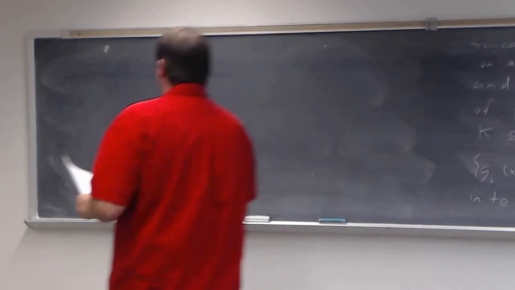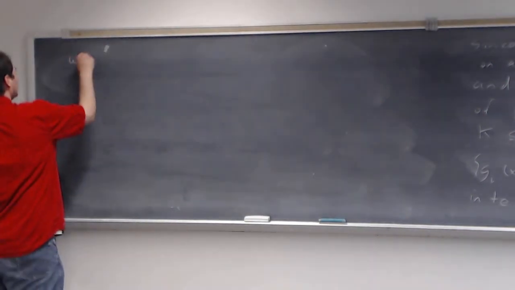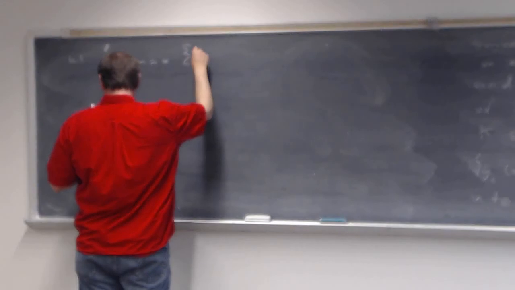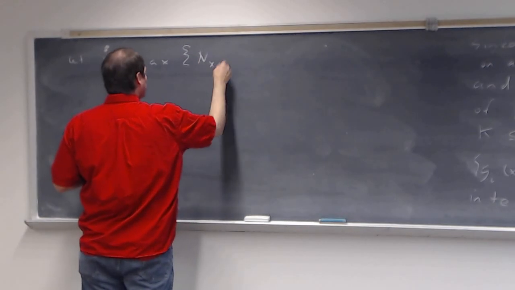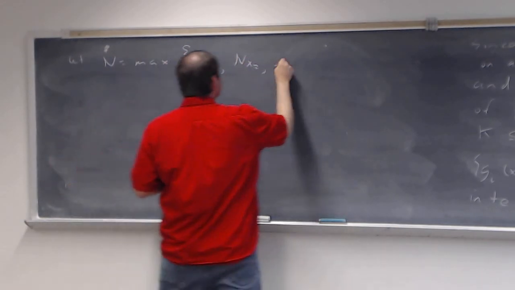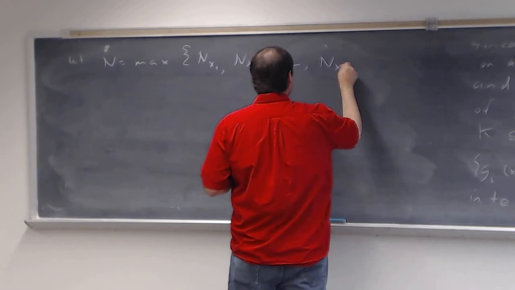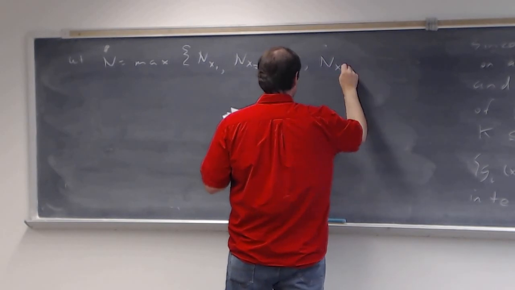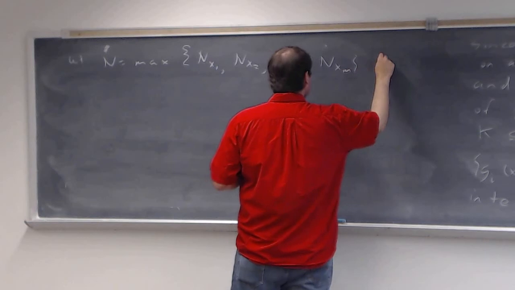What we do is we let N be the maximum of N_{x_1}, N_{x_2}, all the way up to N_{x_m}.